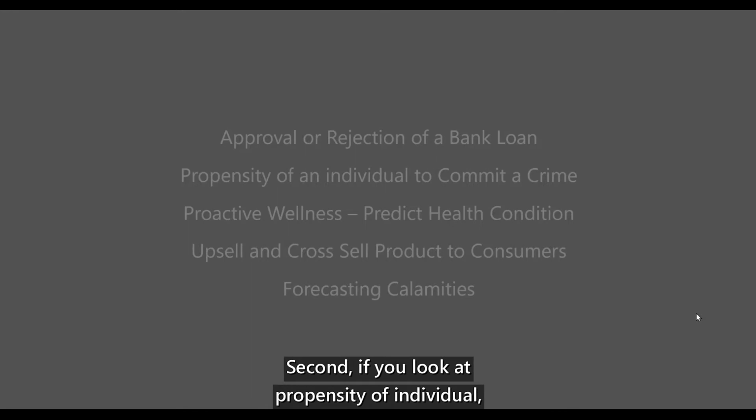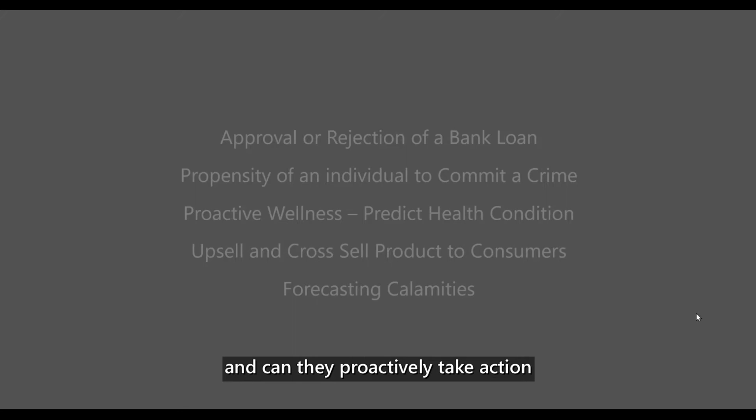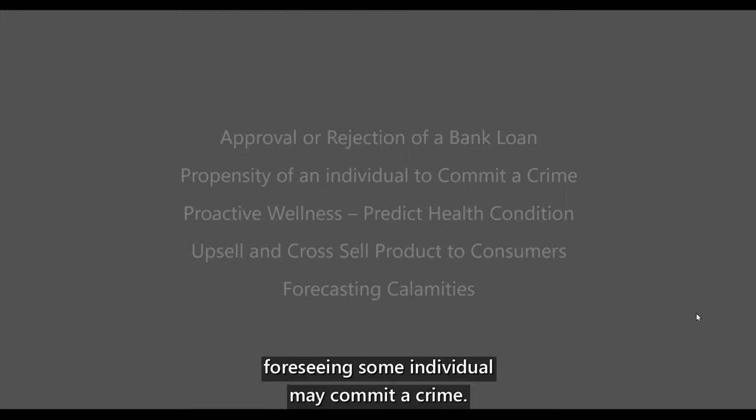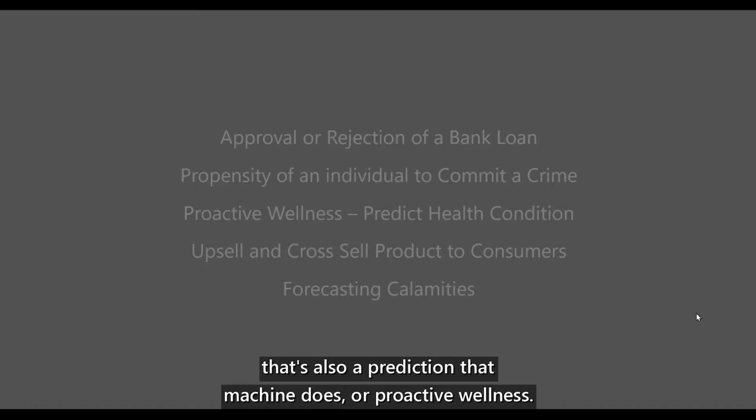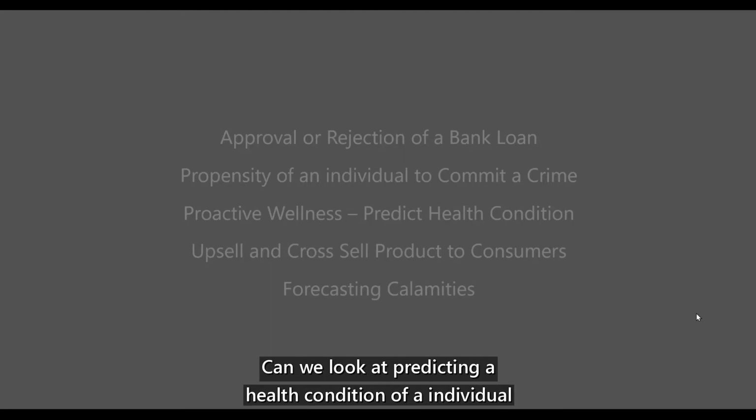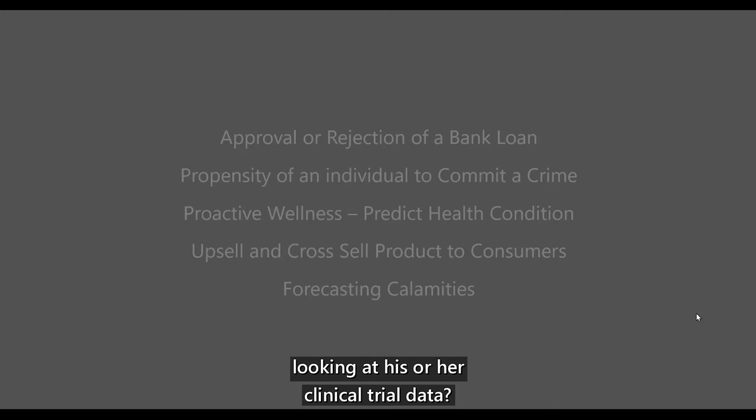Second, if you look at the propensity of an individual, for example, in the police department, at the end of the day they're looking at reducing crime, and whether they can proactively take action foreseeing some individual may commit a crime. So the propensity for an individual to commit a crime is also a prediction the machine does. Or proactive wellness: can we predict the health condition of an individual by looking at his or her clinical trial data?